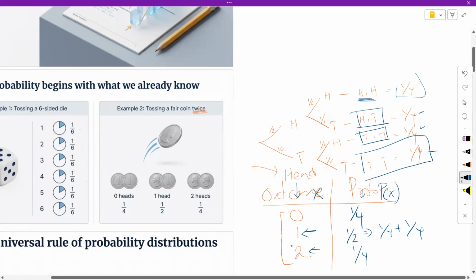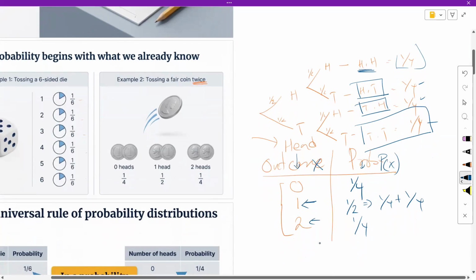When we take the total of this result, what is the total here? We can make it 4 over 4, since all denominators are the same: 1 plus 2 plus 1 is 4, and this means 1.